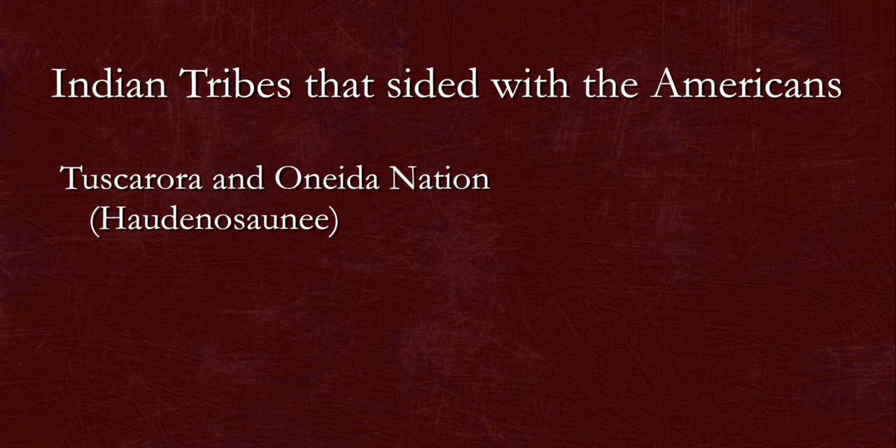This had the consequence, of course, of splitting that confederacy, and the history of the Iroquois or Haudenosaunee Confederacy is beyond the scope of this course, but it's a fascinating history, and the fact that the different nations of the Confederacy fought on different sides was devastating, certainly in the short term, for the political history of the Haudenosaunee or Iroquois Confederacy.